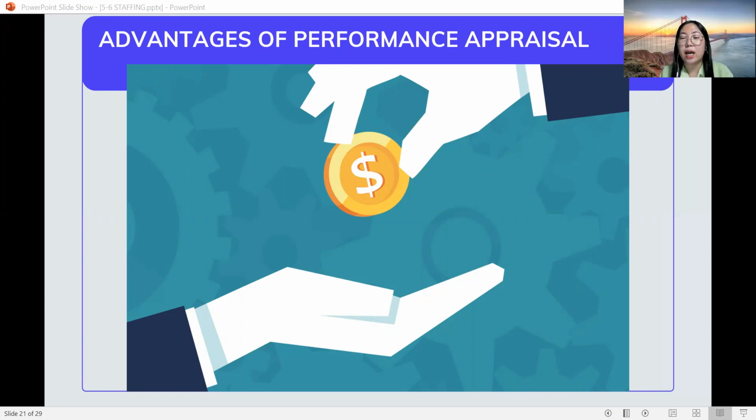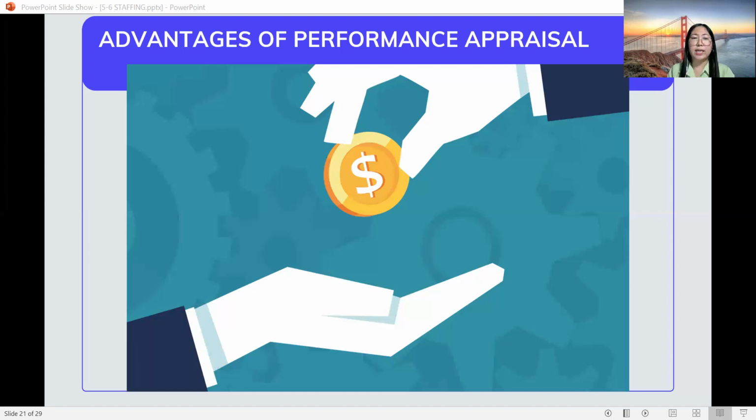So dapat nakuha niya lahat ng criteria and hindi tayo mag-focus dun sa kasi bata pa siya, hindi niya pwede. Pagbigyan muna natin ito si ganito kasi 15 years na siya sa ating company, so dapat hindi ganun yung ating system, di ba?